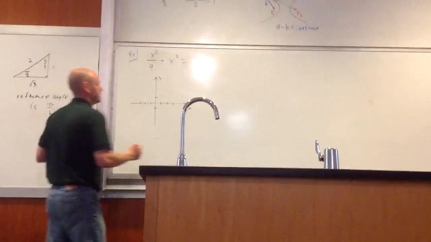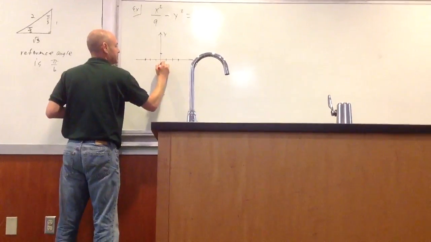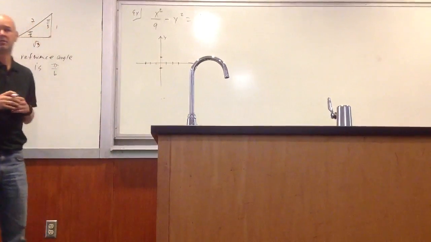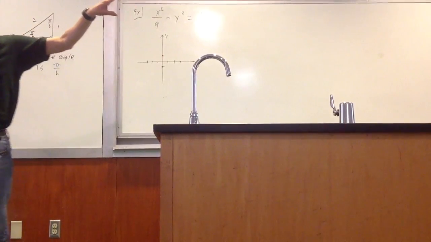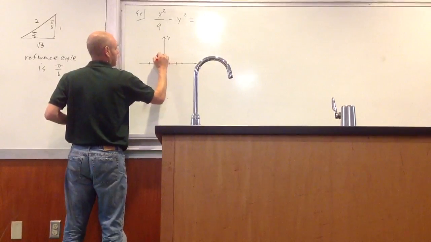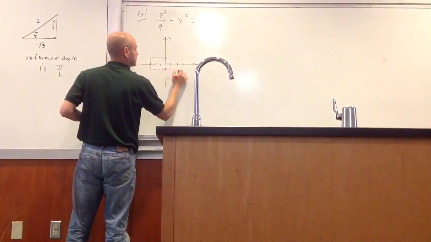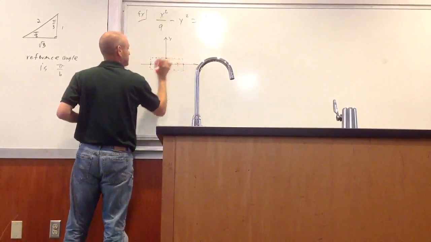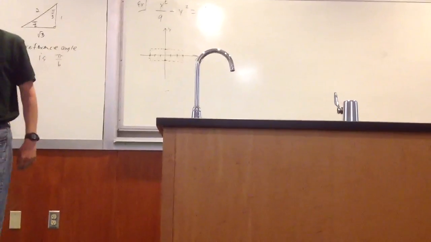The way we graph these is it's sort of the opposite of an ellipse. By the way, is this one going up and down or left and right? Left and right. We form a little box. The ellipse would go inside if it was a plus.